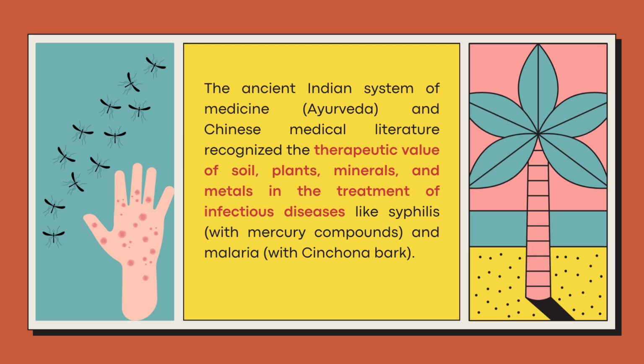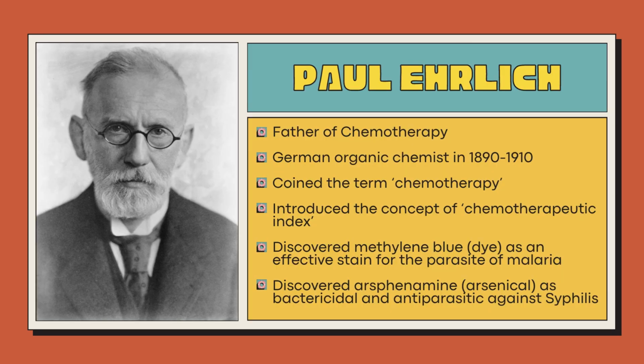and many infectious diseases. The real breakthrough in use of synthetic chemicals for killing disease-causing organisms came with the discovery of bactericidal and antiparasitic activity of dyes like methylene blue and arsenicals like arsenophenamine by Paul Ehrlich, a German chemist, in 1890 to 1910.